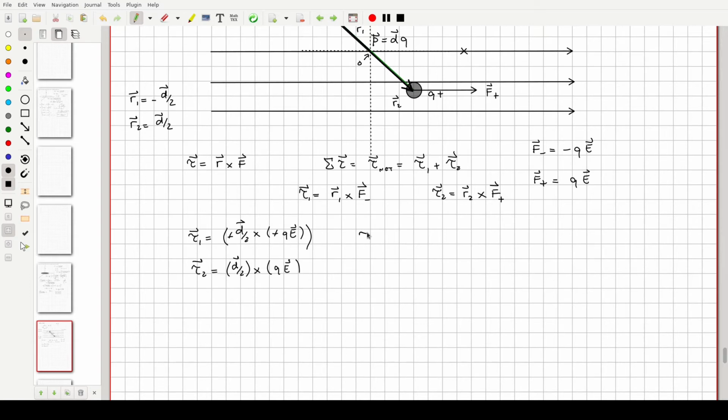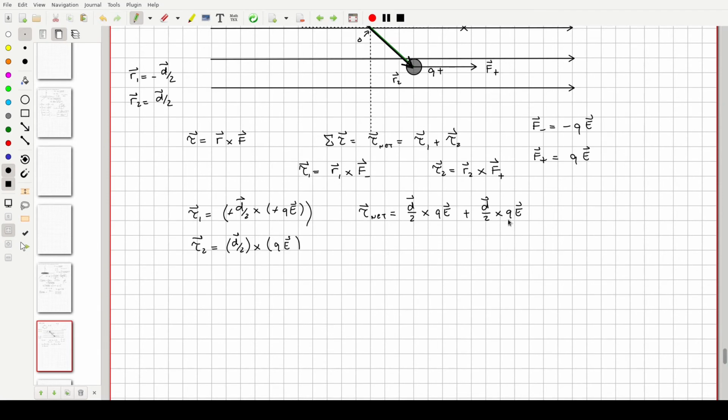So our total torque on this dipole would be tau 1 plus tau 2, or D vector over 2 cross Q times E plus D vector over 2 cross Q times E. But Q is just a number, and these halves are the same, so 1/2 plus 1/2 is 1.